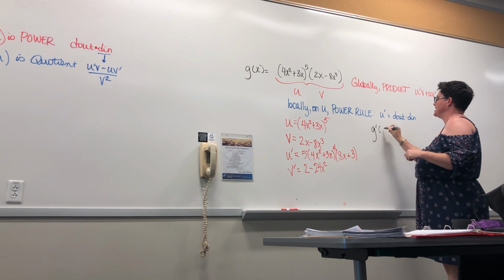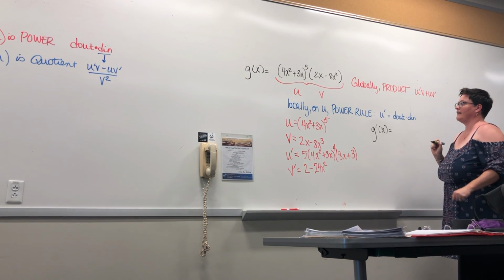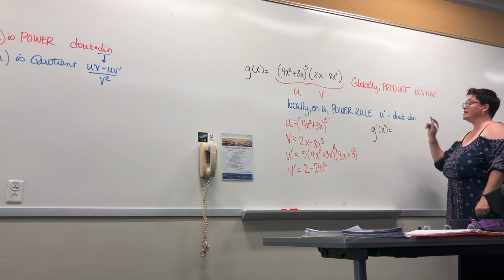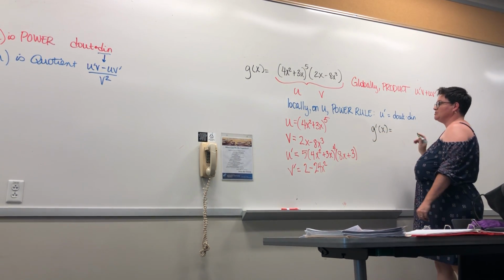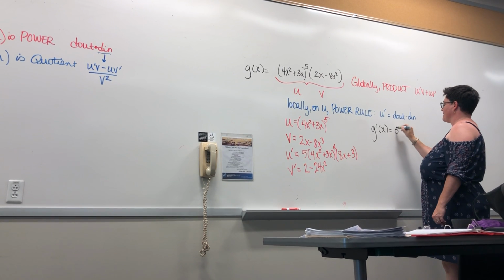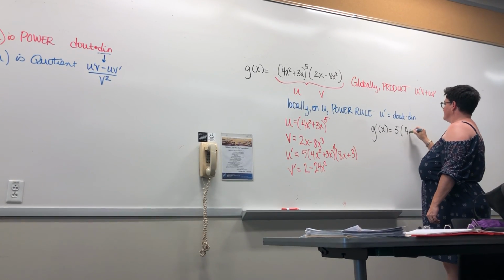Okay. What's my derivative, guys? Let's put all the pieces together. Globally, it was a product, so we're going to use the product rule. Don't be afraid. We have all the parts. Tell me what to write. U prime, so 4x squared.